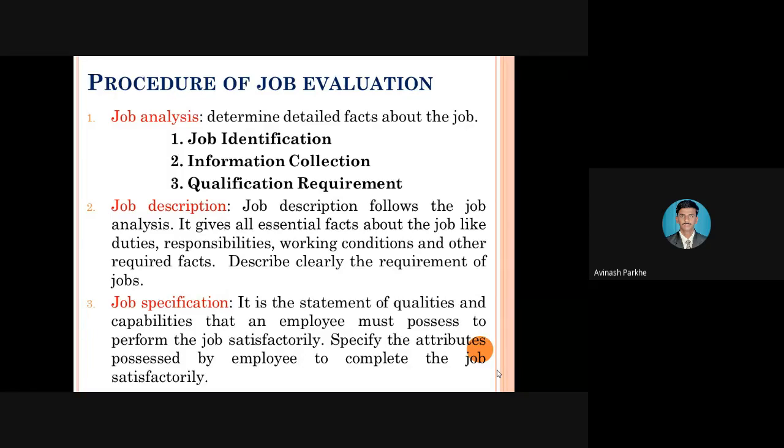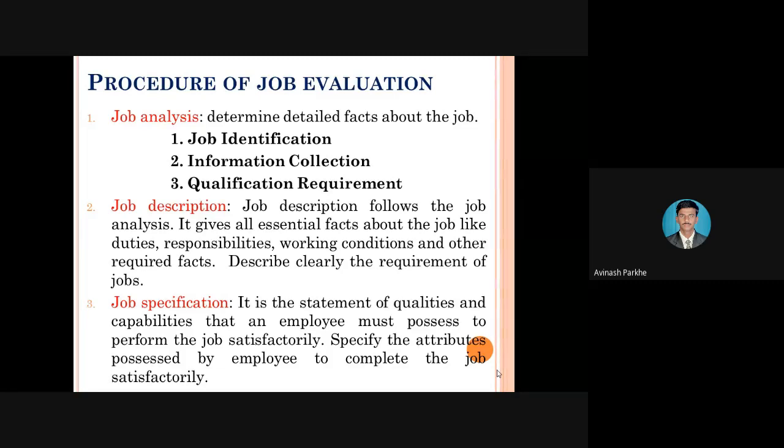So what is the condition? For example, I am manufacturing one job. During that manufacturing, what is my output? After manufacturing that particular product, this product has to satisfy these particular conditions.